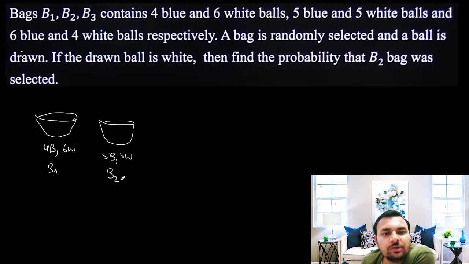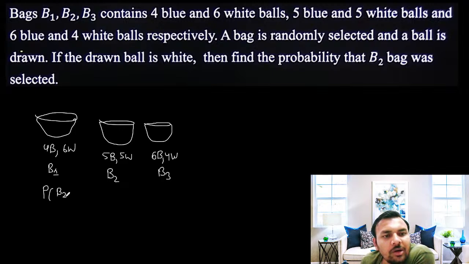And 6 blue, 4 white, B3. A bag is randomly selected and a ball is drawn. If the ball drawn is white, find the probability that the B2 bag was selected.